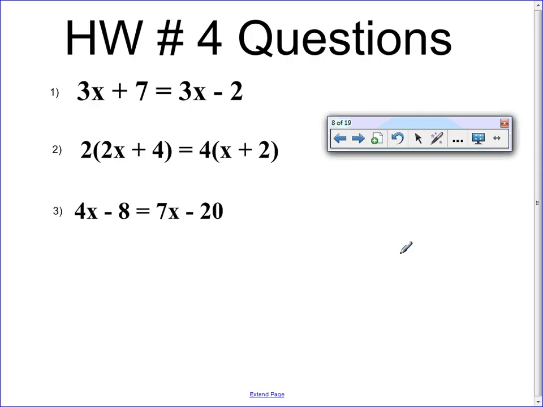The question is, how many solutions are there? You need to show all your work so I can see your steps. This is why guessing and checking will not work anymore. Because if there's no solution, you're going to be guessing and checking forever. So answer these 3 questions, show all your work, come in tomorrow ready to go. Remember, how many solutions are there?